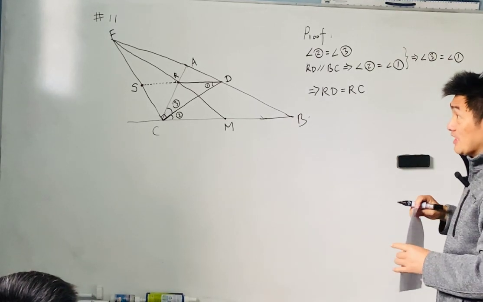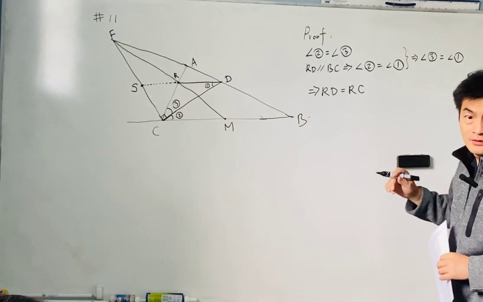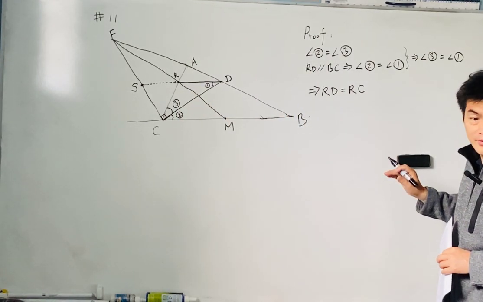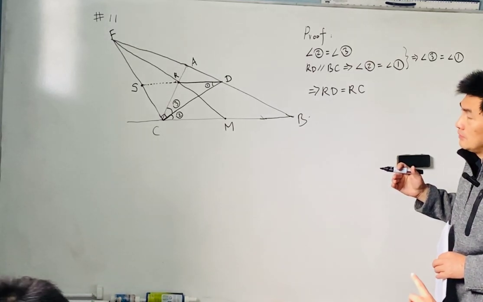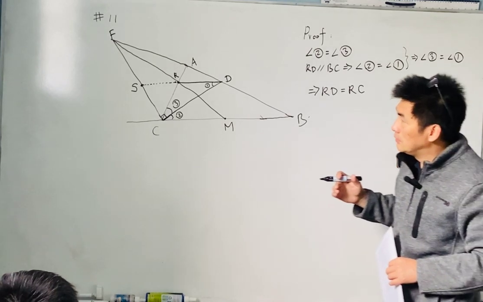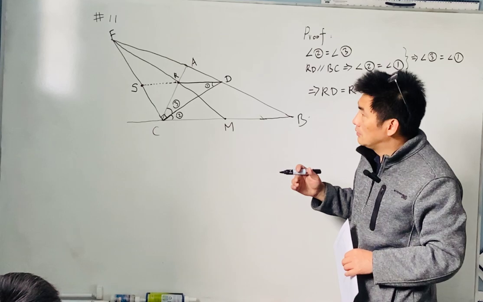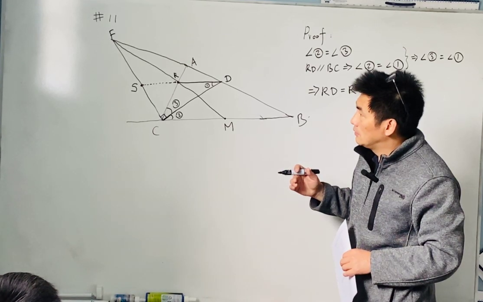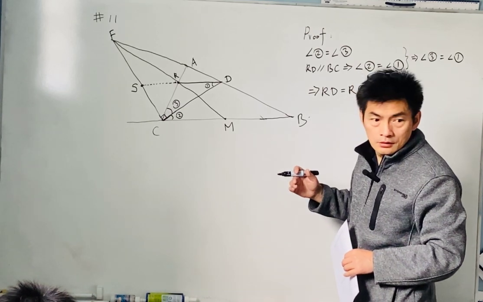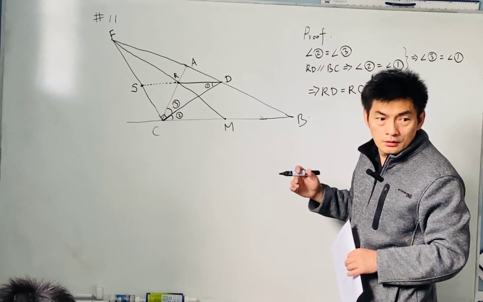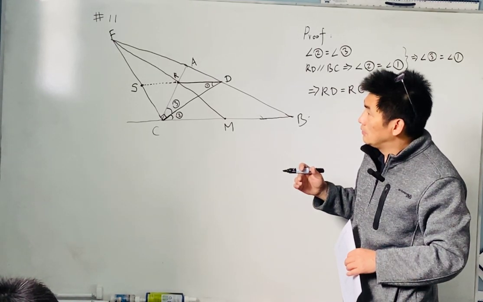So from here, can you see that RS equals RD? No? Why? Because SCR is 90 minus 3, and angle R is 2 times 3. So then they're equal, because the angles are equal.